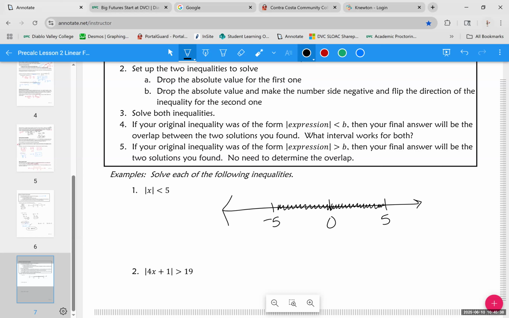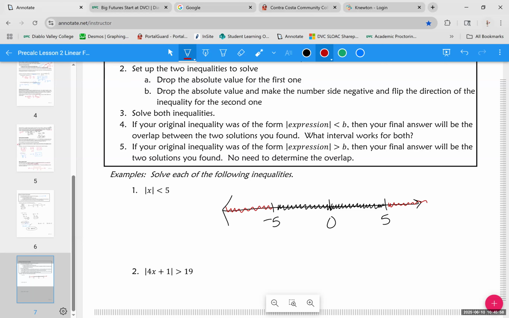If it had said greater than that, I would have been looking at numbers out here and out here, right? So you are going to be dealing with 2 inequalities instead of 2 equations this time.